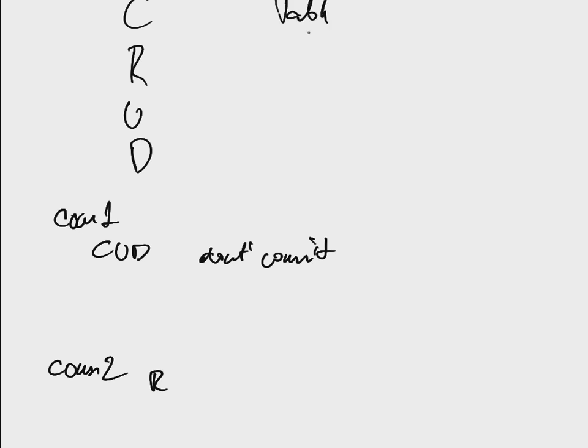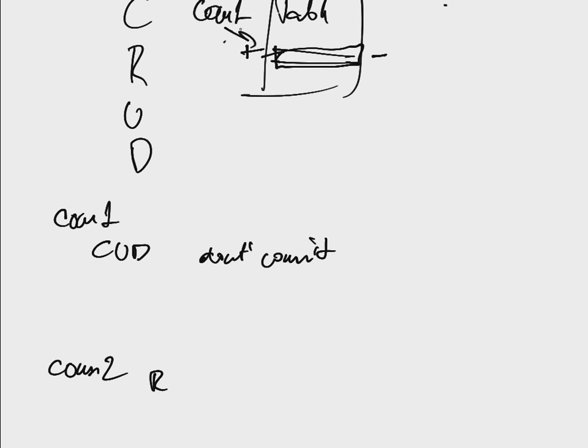So here is my table, like teachers. I have either created or modified or deleted some row here, and then, this is connection 1. From the other connection 2, I'm searching for this to check whether there are any changes or not.